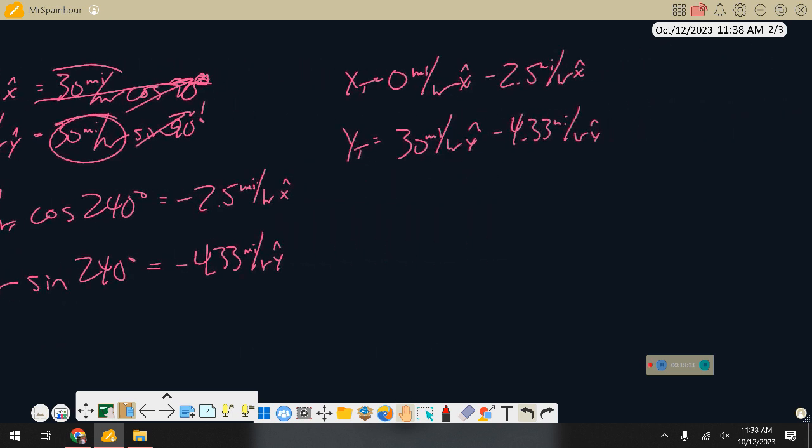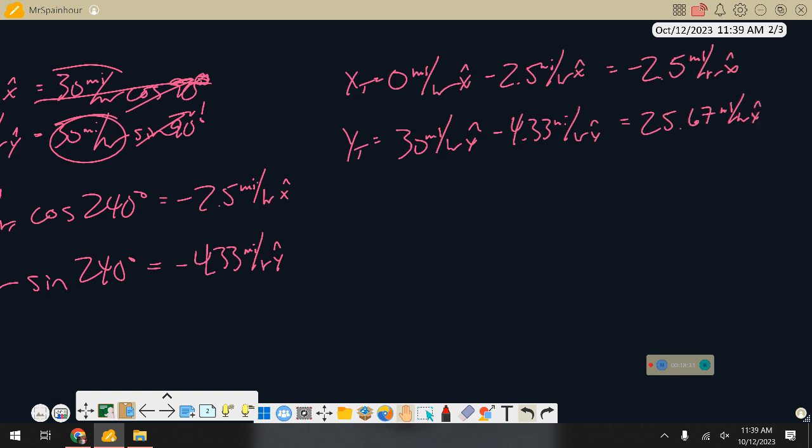And x total should be negative 2.5 miles an hour x hat. Fives are always messy when I write this. And the y is going to be 25.67 miles an hour y hat.